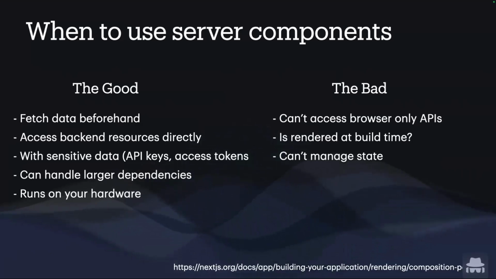They're not going to leave your server, and they're not really going to be accessible from the client side. They can handle larger dependencies because you do all that prep work beforehand and then send it to the client. It's going to run on your server, wherever that is, so you have a little more control over that.